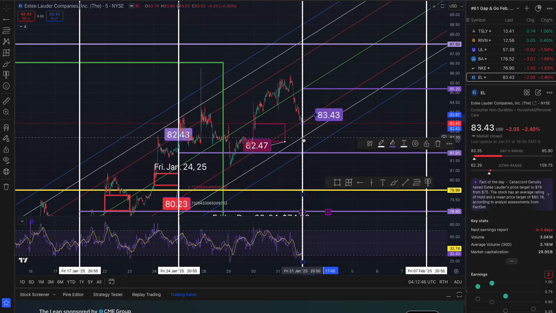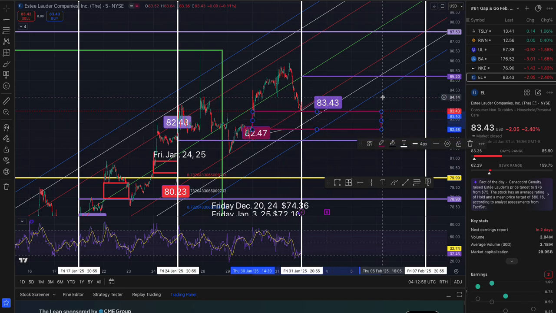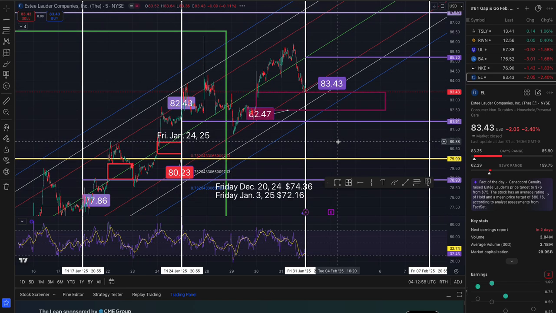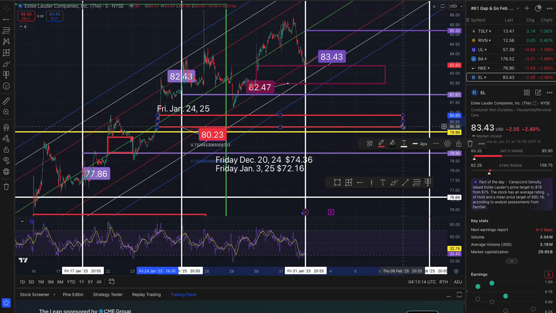Move this out of the way. 82.73 and 81.92. We've got a gap to the south side taking us to 82.47. And if we do get to this area, I will anticipate a bounce off this line, but if we bleed out, then off of this line. And then we've got this to deal with.